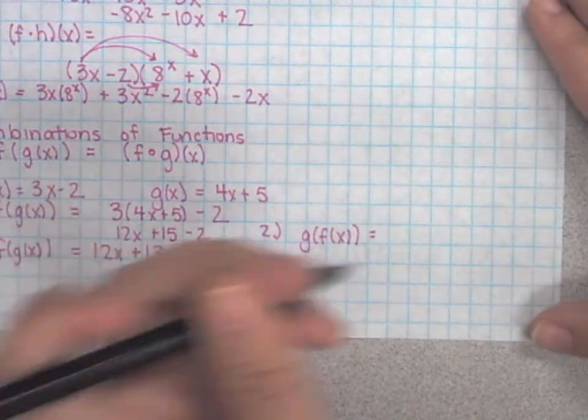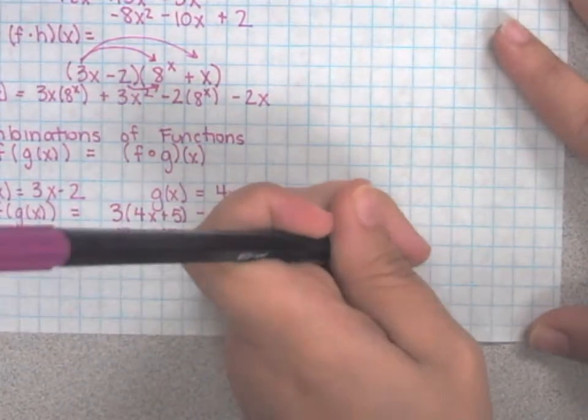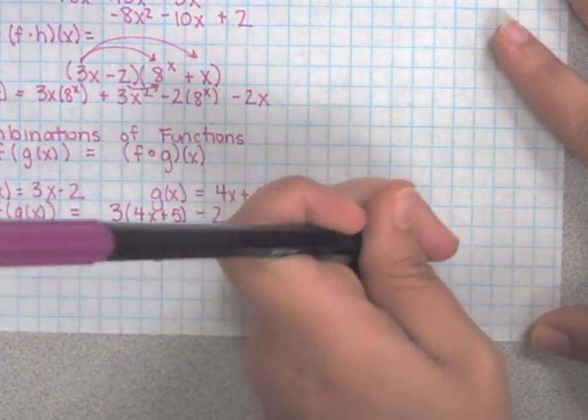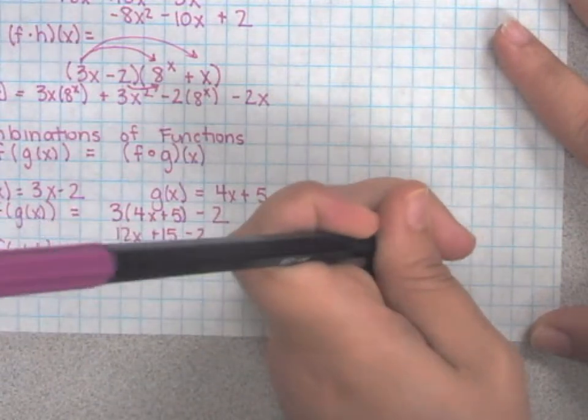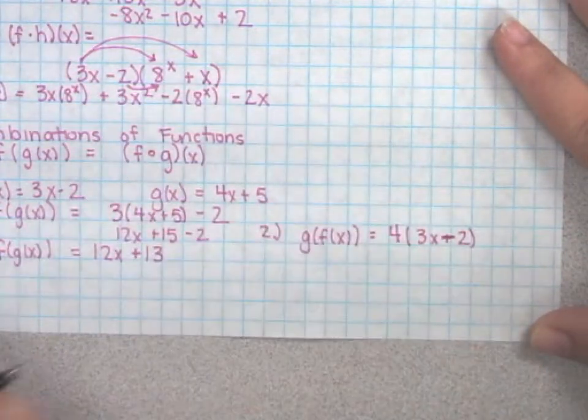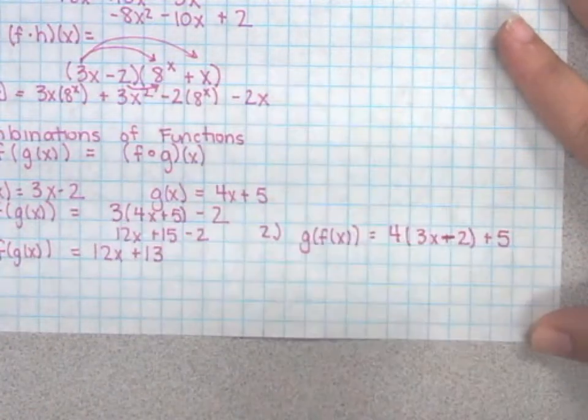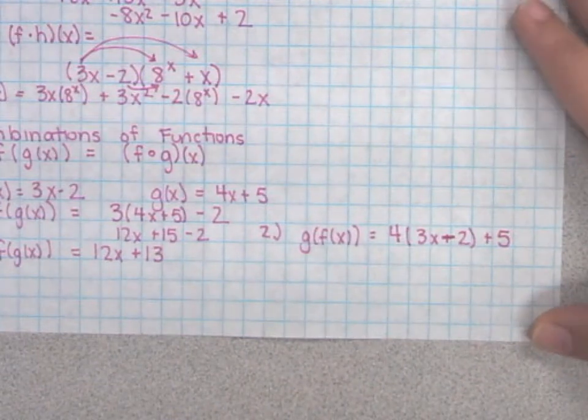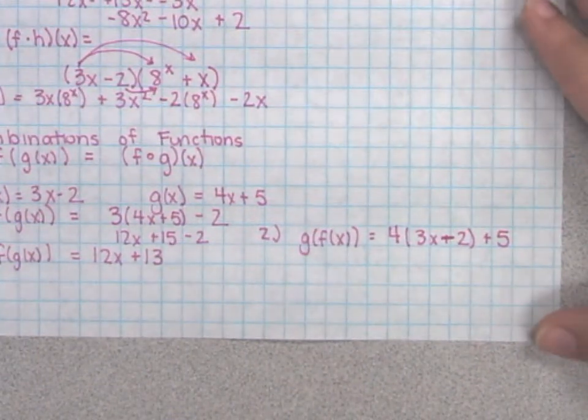So you write the g function down, but instead of x, you write f of x. You guys are just used to only seeing this with numbers.